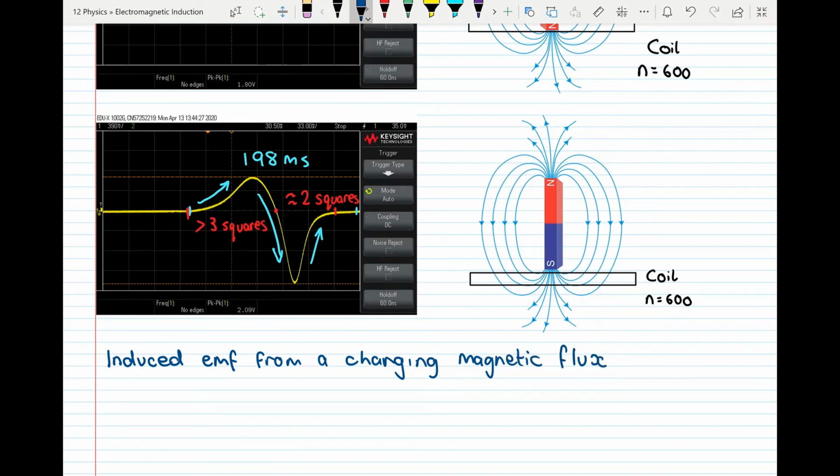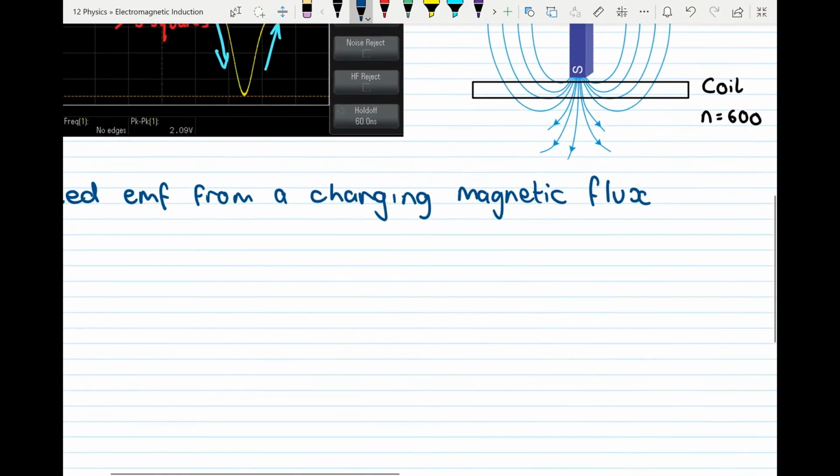Now, if we remember, magnetic flux is the amount of magnetic field going through an object. We can define this.